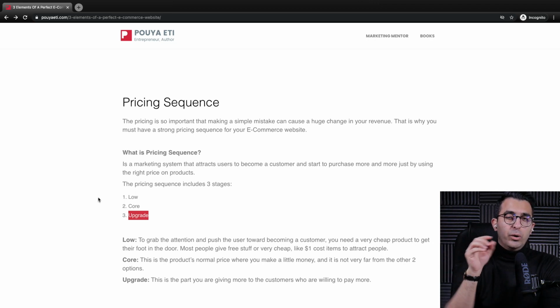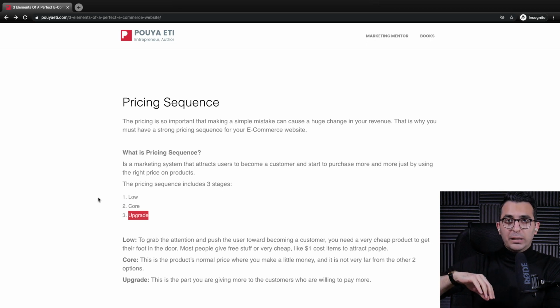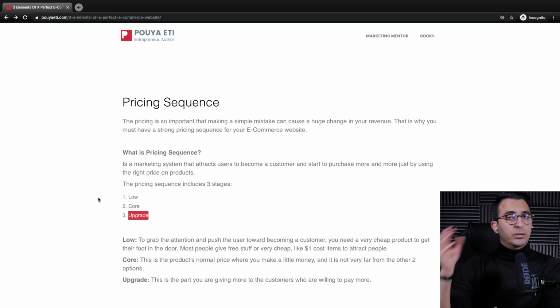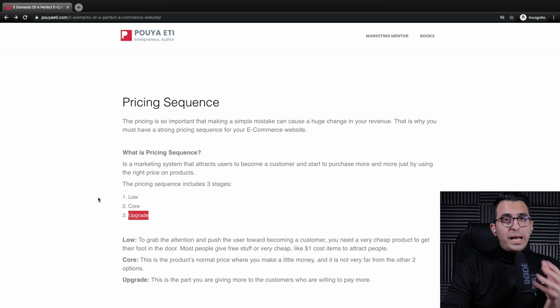Okay, so when you don't have these expensive products after, for example, the core product, when you don't have these upgraded ones with a lot of different features, remember the car example, you will lose money that people are willing to give, but because you don't have the product, they won't give it to you, right? So you need to always have that option.